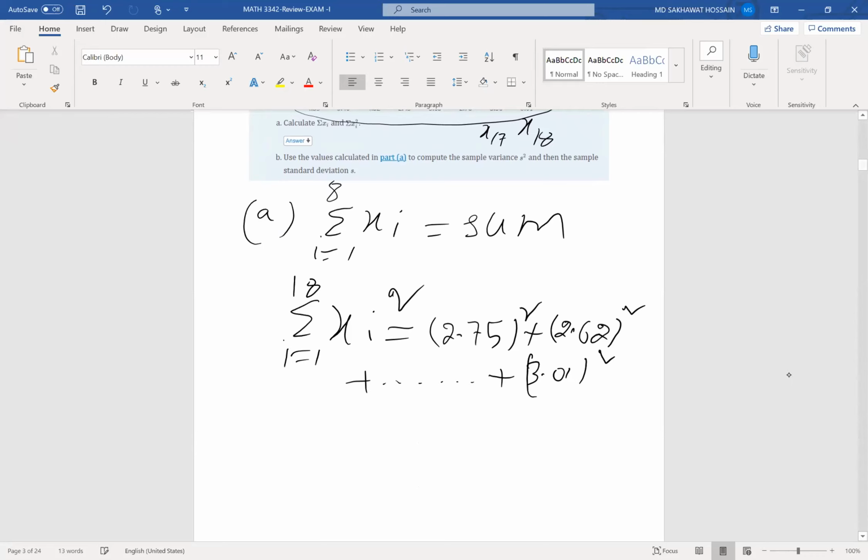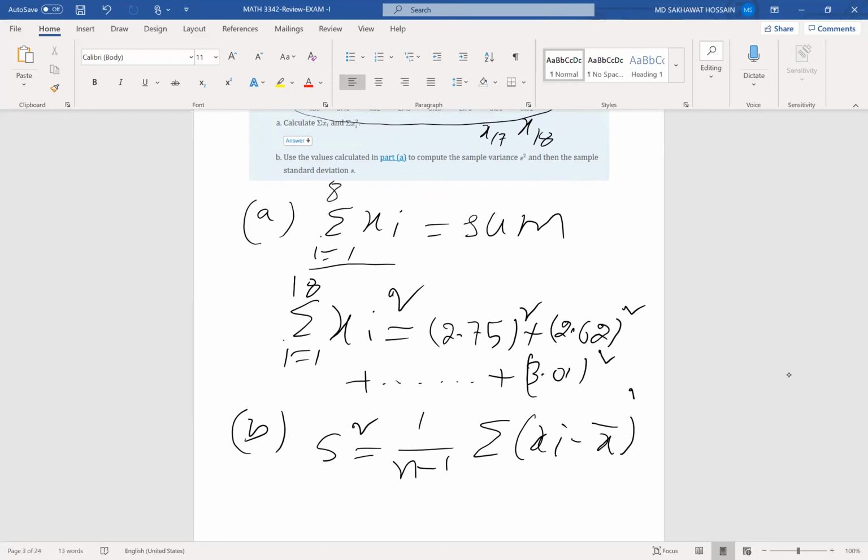Now in part B, use the values calculated in part A. So now you have to use these values to calculate the sample variance. We know the formula for the sample variance: 1 over n minus 1 summation of xi minus x bar squared.